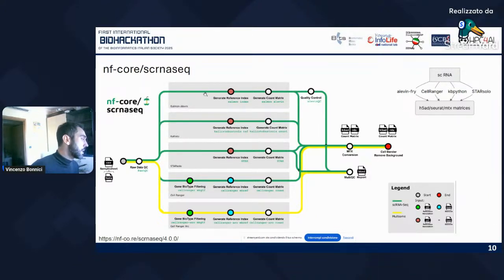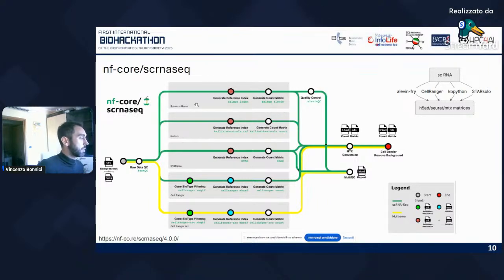As I said before, if you have time and if you have the resources, I think it's better if you run multiple alternative pipelines, multiple alternative tools, and you merge the results of all of these tools. Here is what they propose to us. There are at least four pipelines that are specific for single cell RNA.